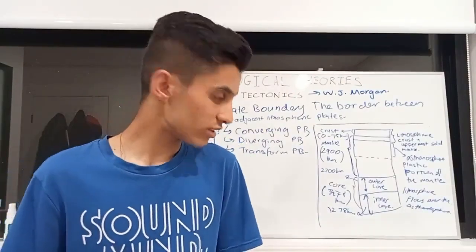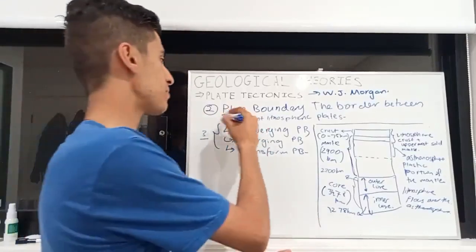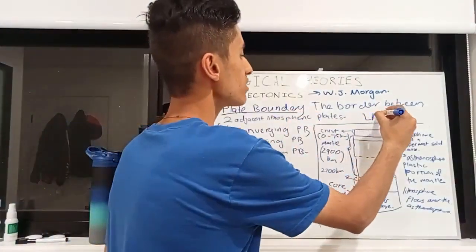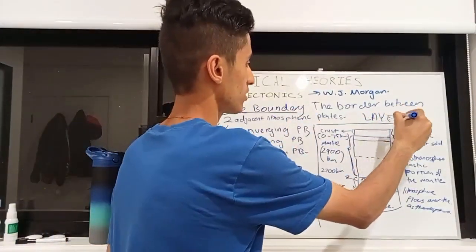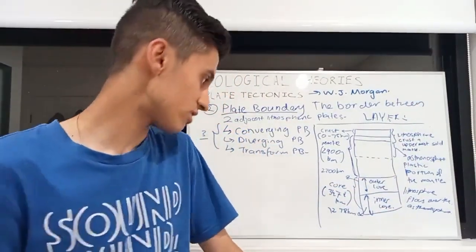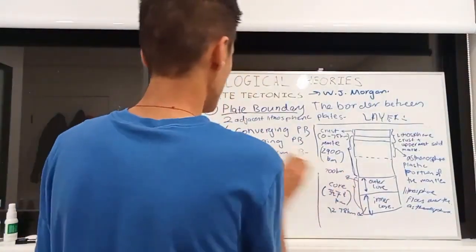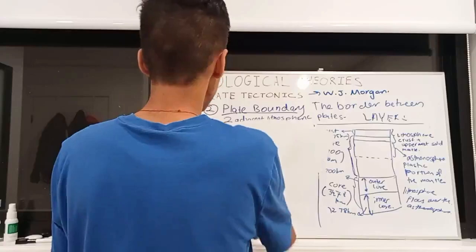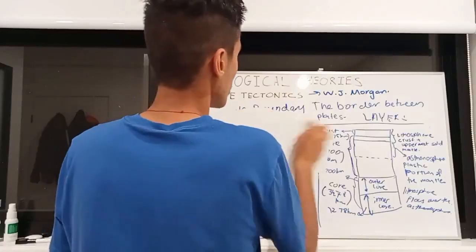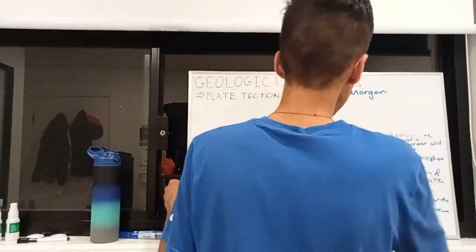Now that we know about the definition of plate boundary and we know about the layers, let's take a look at the types of crust. We have two types of crust, and we've discussed this in seafloor spreading as well, and it's really important.